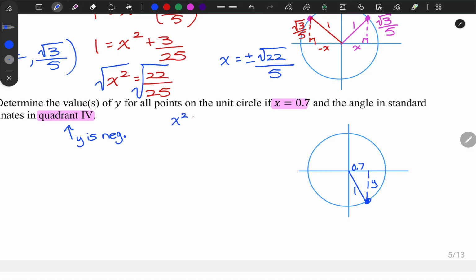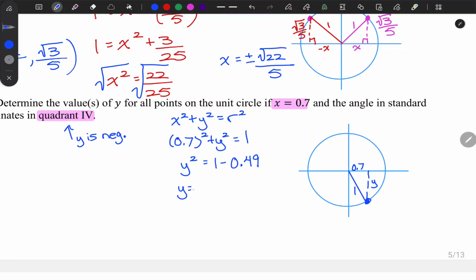And again, we'll start with x squared plus y squared equals r squared. On the unit circle, r is 1, so we have 0.7 squared plus y squared equals 1. Y squared equals 1 minus 0.49 for the 0.7 squared.